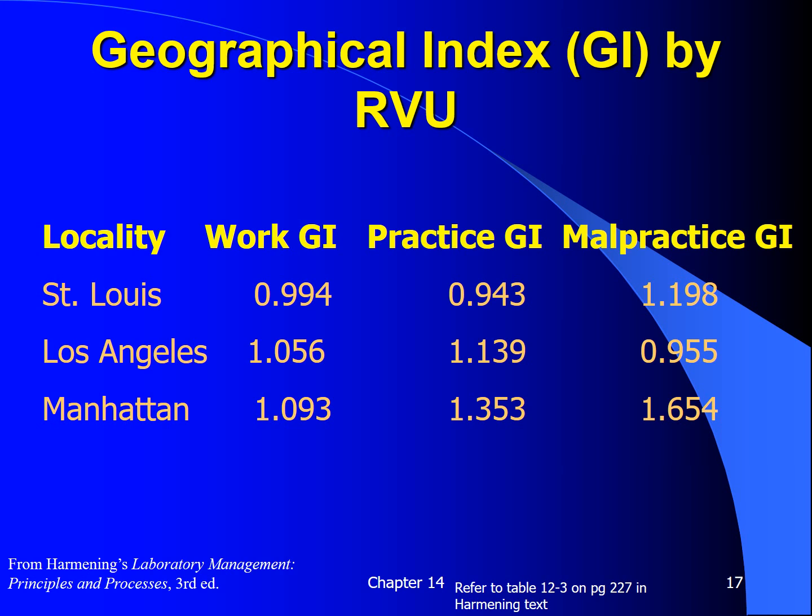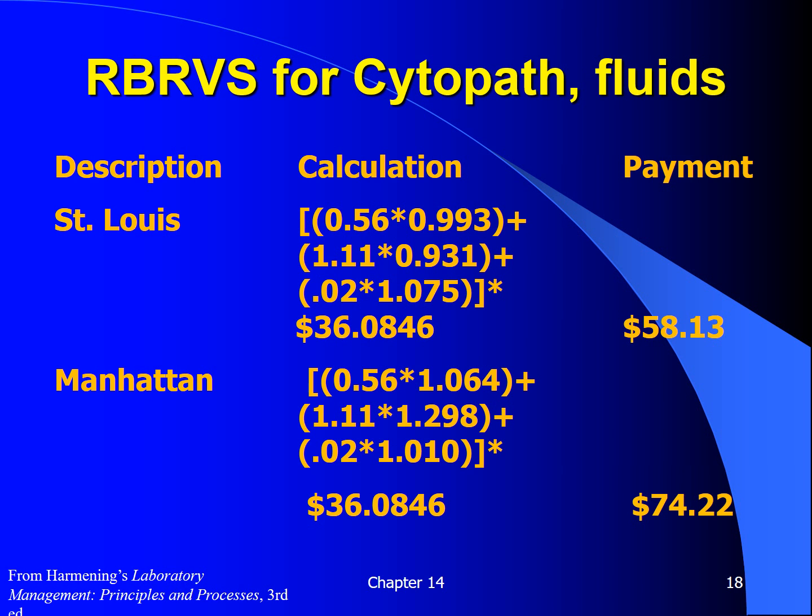Examples in St. Louis, Los Angeles, and Manhattan. Using this example from your textbook and the CF for 2010, we can calculate the reimbursement for payment for these two locations. Please review the calculations in your book on page 367.